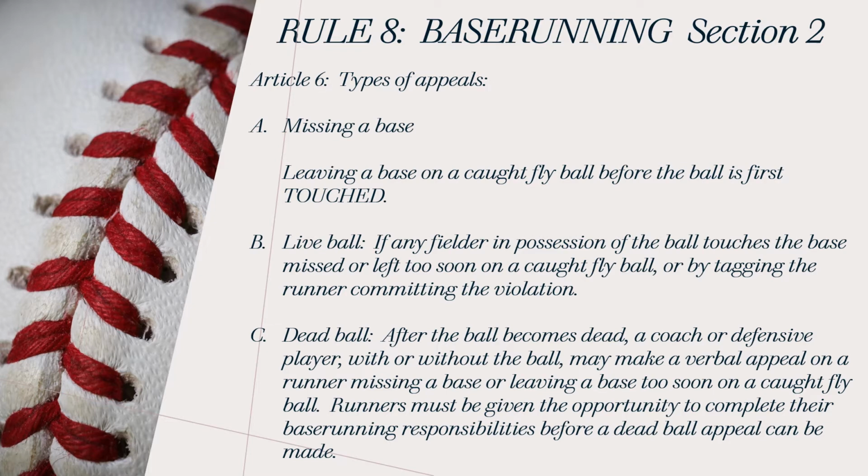during the appeal process. So they can throw the ball in, and I want to make sure I hear clearly from the coach or someone on the defensive team what they're wanting to do. I'll go, time, coach, what are you asking for is what I'll ask them. And then they can say, well, Greg, I want to appeal the runner at third base leaving too soon. Then if it's my call, I make the call.